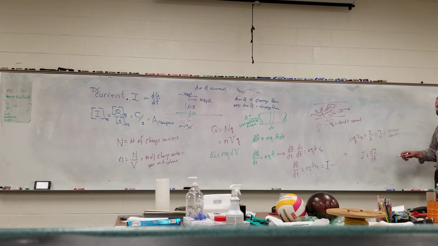Sorry, Lawson. But you can think of a wire this way. If the current's flowing in that direction, it's not unreasonable for this to be a plot of current density versus radius. That the current density is higher up here than here. Because, well, not as much current flows near the edges as it does in the middle.